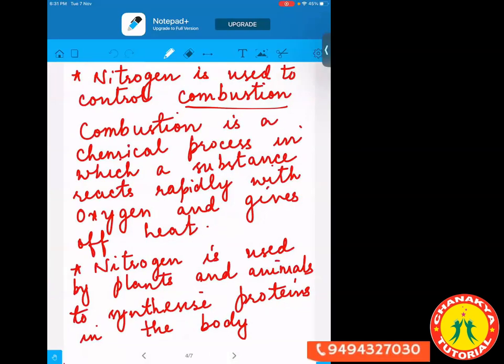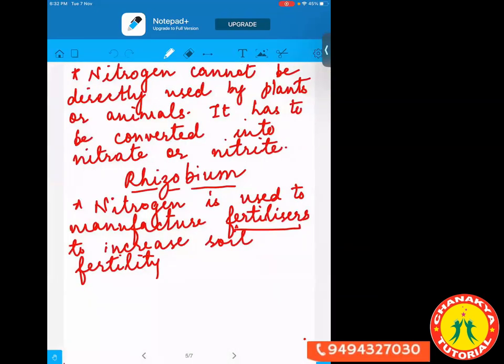Then it can be used to control the combustion process. And what is combustion? It is a process in which a substance reacts rapidly with oxygen and gives off heat. Then nitrogen is used by plants and animals to produce protein in the body. We cannot use nitrogen directly. It has to be converted into nitrate or nitrite with the help of the bacteria called rhizobium.